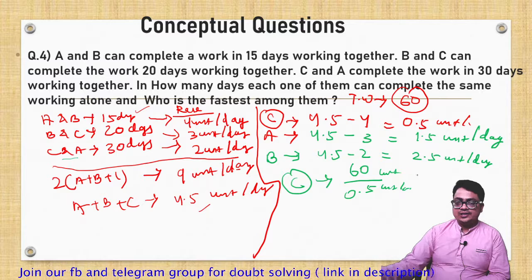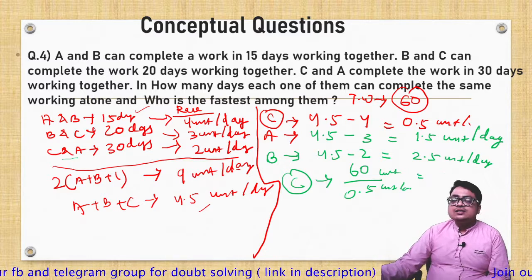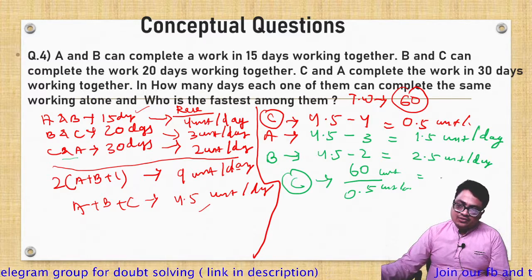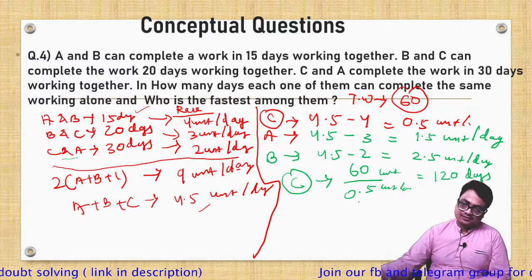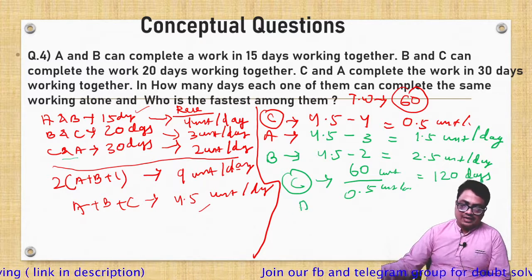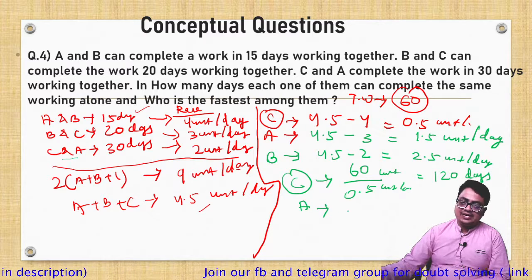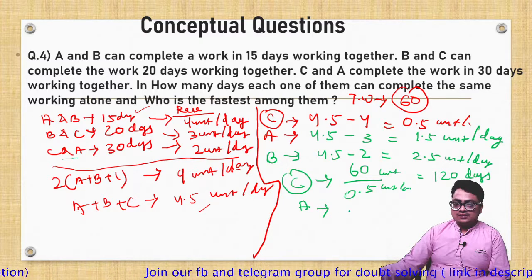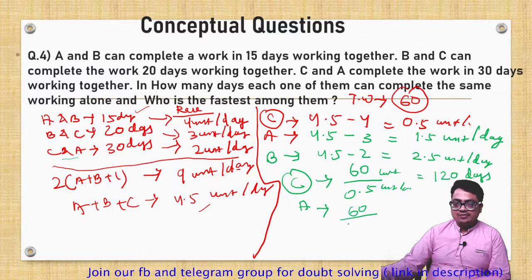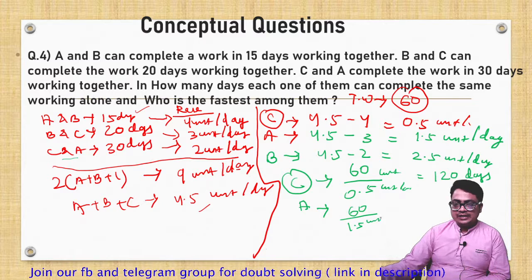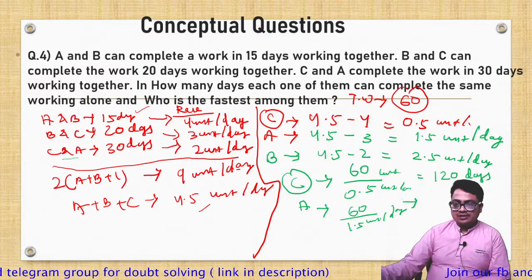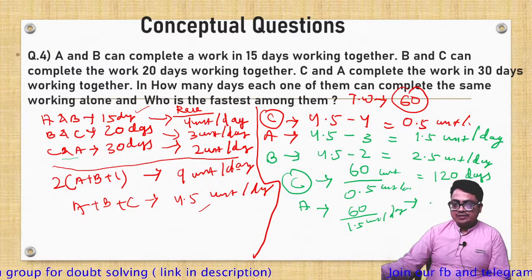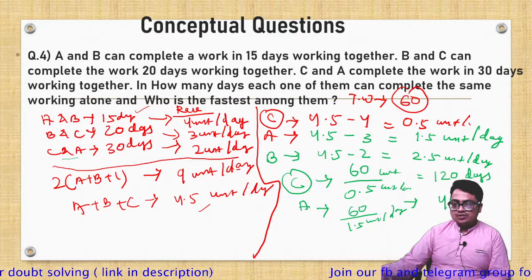So 60 by 0.5 will be 120 days. A will be taking 60 units divided by 1.5 units per day, which is nothing but 60 divided by 1.5, that is 40 days.